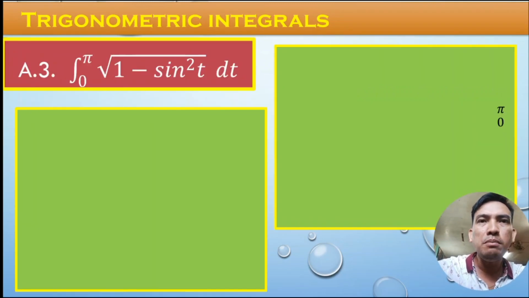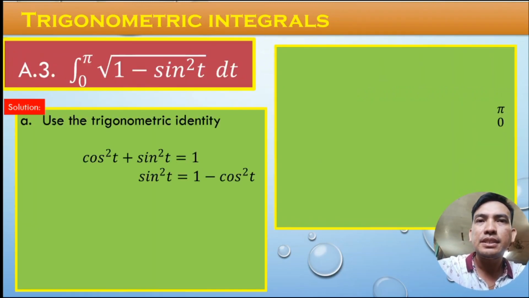To solve, we use the trigonometric identity. Remember our trigonometric identity that says cosine squared t plus sine squared t is equal to 1. So for sine squared t, we would have 1 minus cosine squared t. We're going to make use of this as we solve our problem.